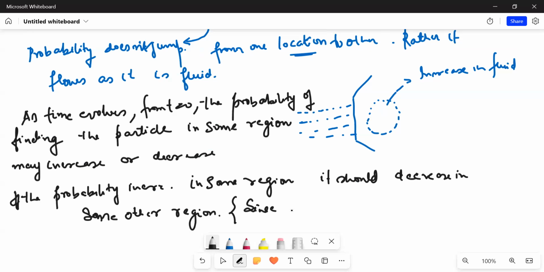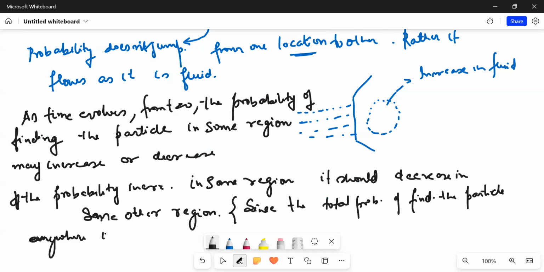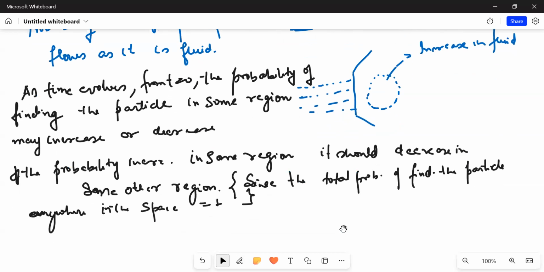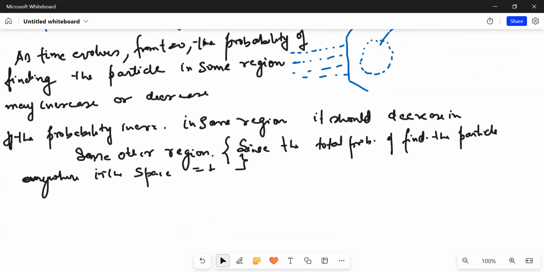Since the total probability of finding the particle anywhere in space is equal to unity. Is that clear? This is one thing that I have written just for the sake of writing, and we'll see.